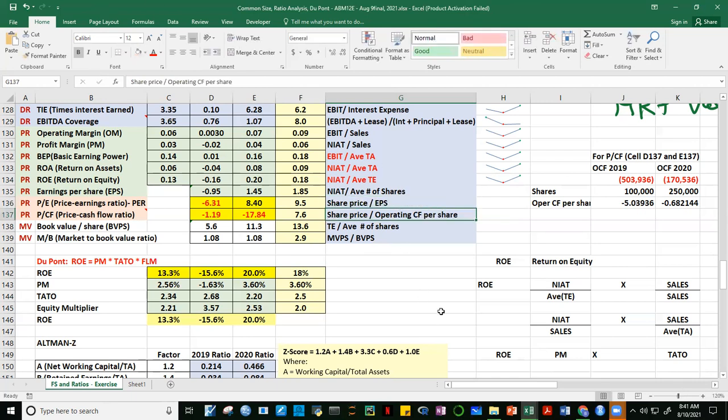Okay, share price over EPS. Okay, share price over operating cash flow per share.